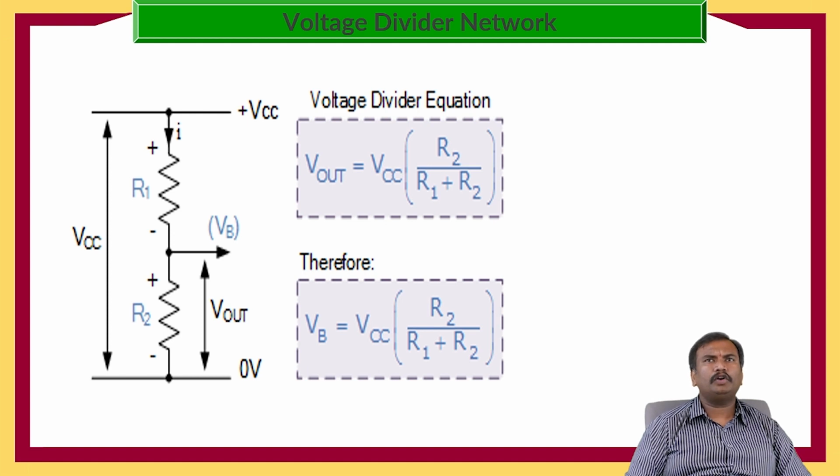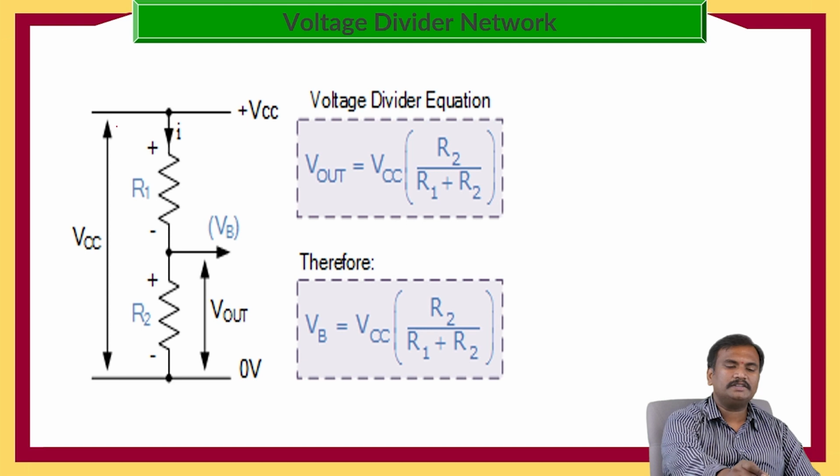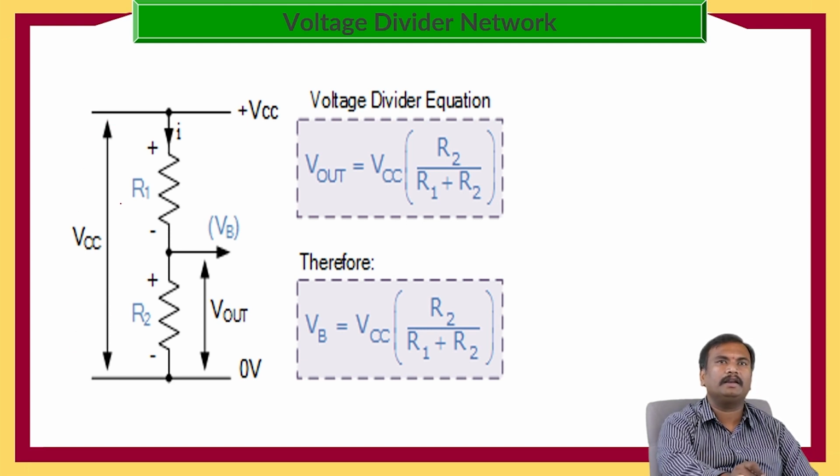Here is the voltage divider network. Already we have discussed. This common collector configuration can be used as a voltage buffer. So let us see how the voltage is buffered, with the voltage division equation. This is the input voltage VCC, which we are giving.